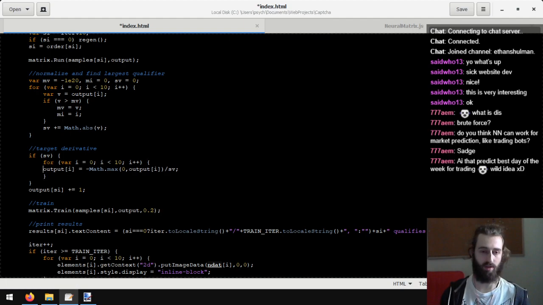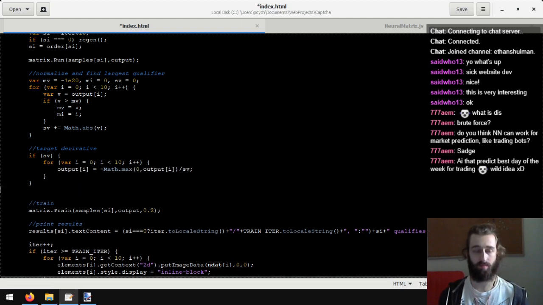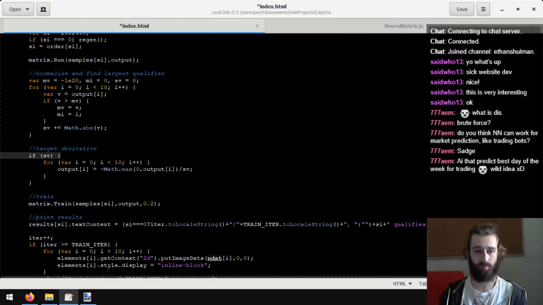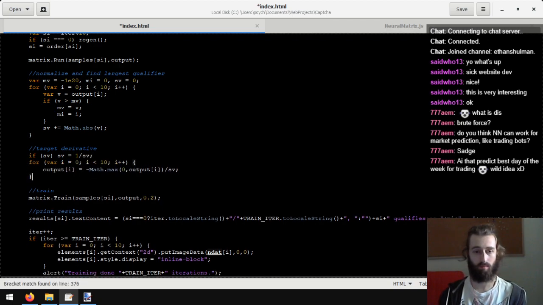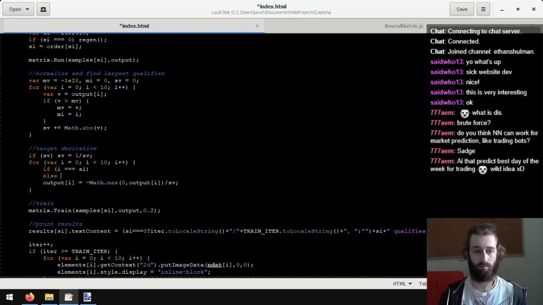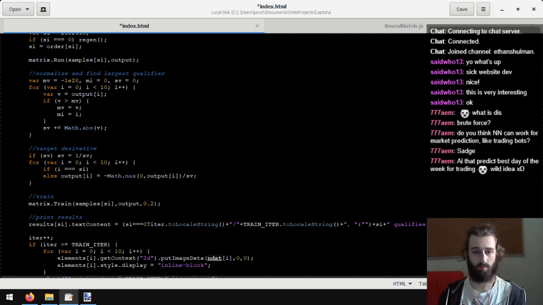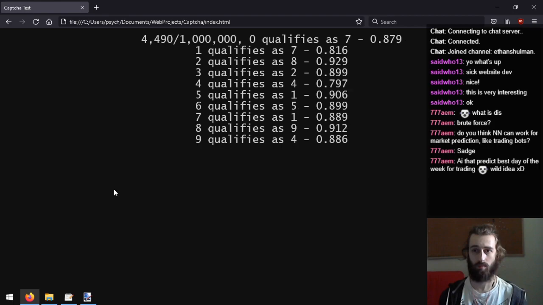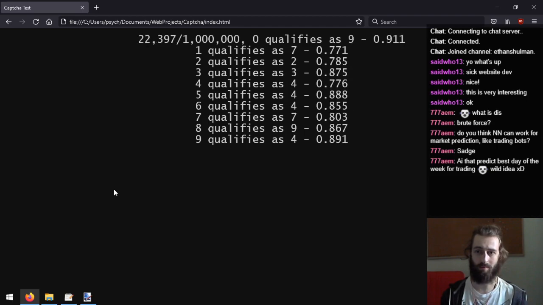This way it's not pushing it up all the way as it could be. Oh, that might have helped the loss.